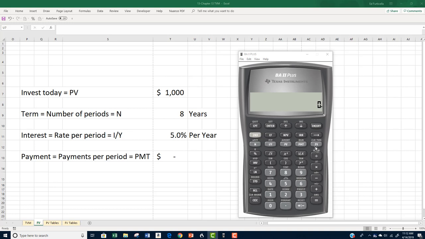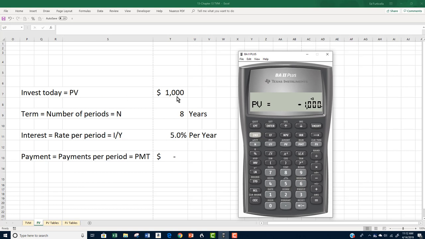First, enter the number and then click on the variable that you're entering. Since the $1,000 is a cash investment, it represents a cash outflow. So you'll need to enter the 1,000, convert the sign to a negative, and click PV. You're clicking PV because the $1,000 is the present value of your investment.